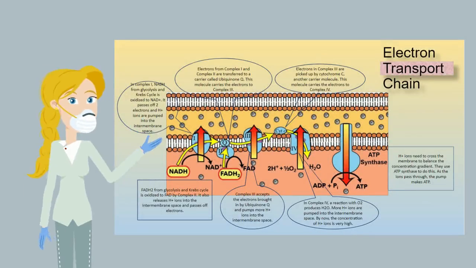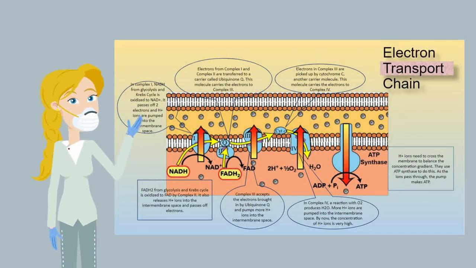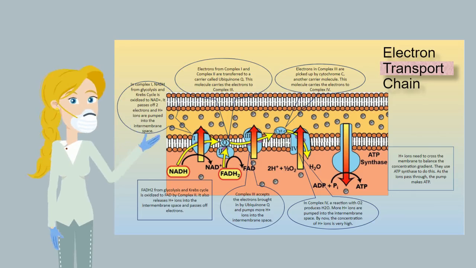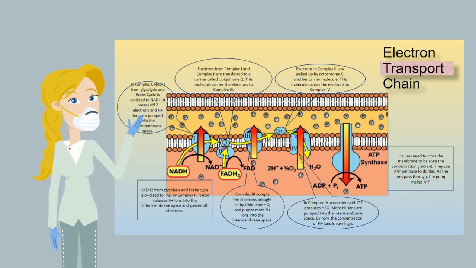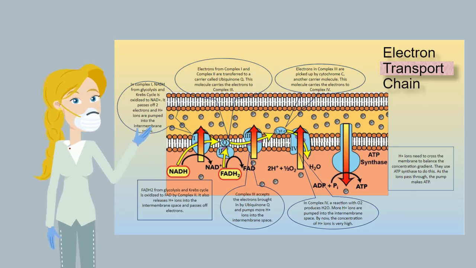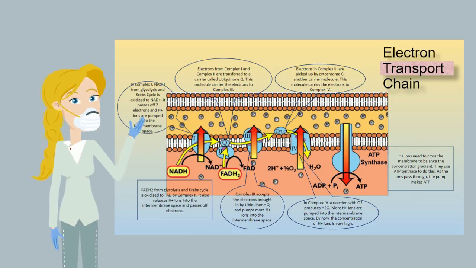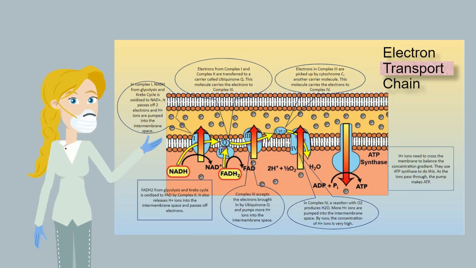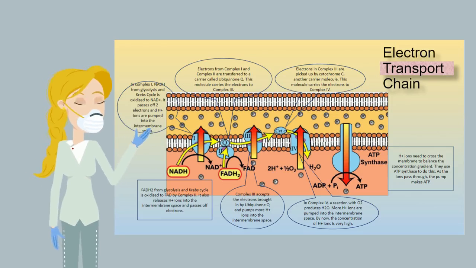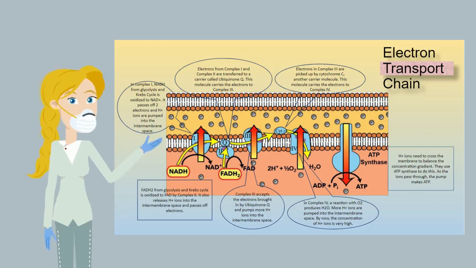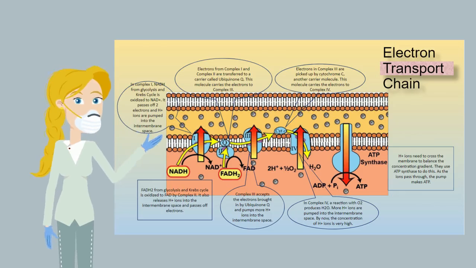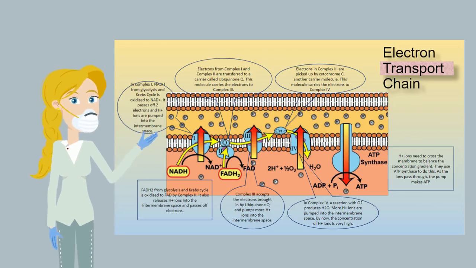There are 4 complexes in the ETC, starting with complex 1. Complex 1, also known as NADH dehydrogenase, pumps 4 hydrogen ions from the matrix into the intermembrane space, establishing the proton gradient. In the next protein, complex 2 or succinate dehydrogenase, succinate is oxidized into fumarate, causing FAD to be reduced to FADH2. Then, FADH2 transfers electrons to complex 2 and the electrons are passed along to ubiquinone. Q is reduced to ubiquinol, which carries the electrons to complex 3.